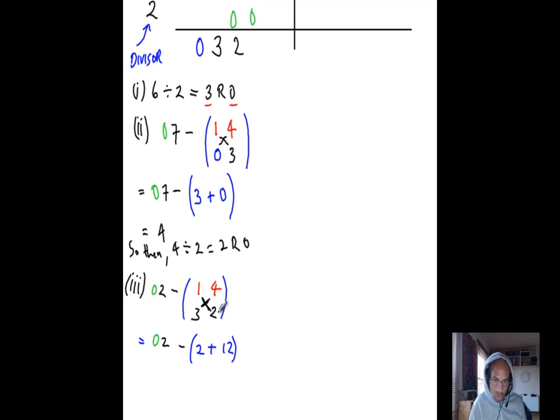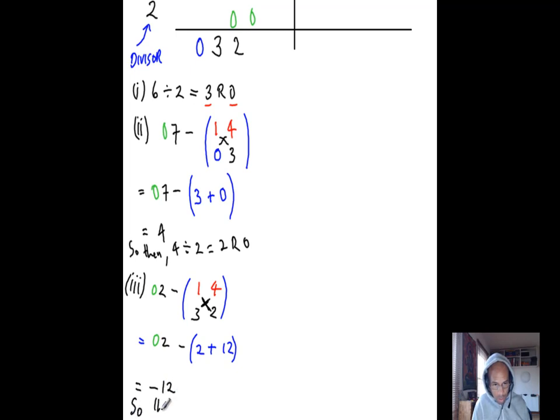So we just cross multiply like that and add up the result, working out what the result is. So this is 2 take away 14. 2 take away 14 is minus 12. So this is minus 12.